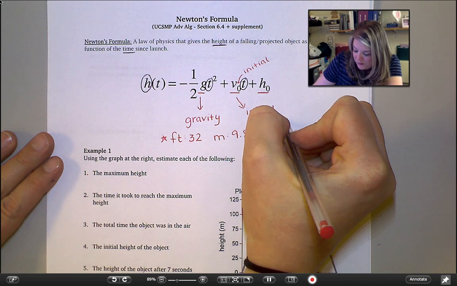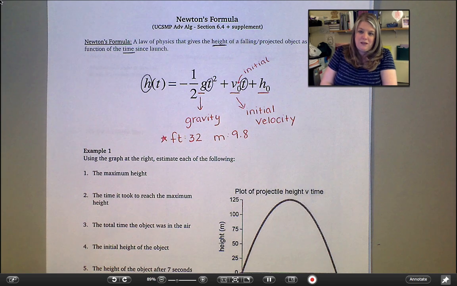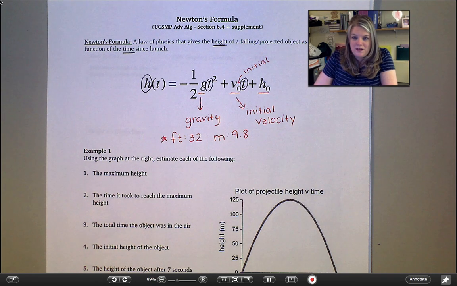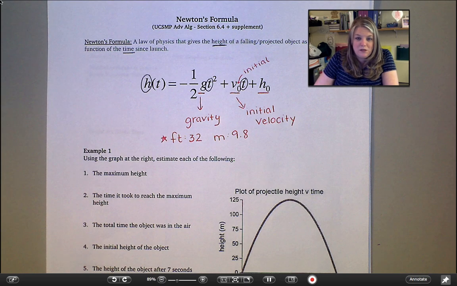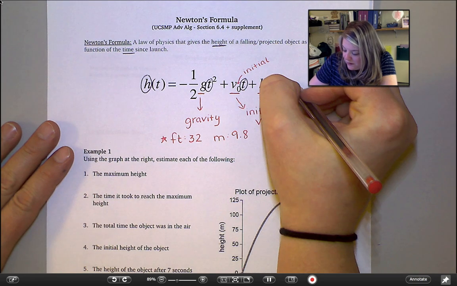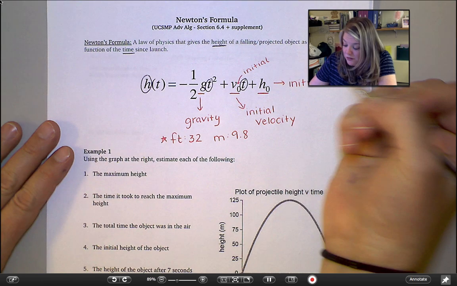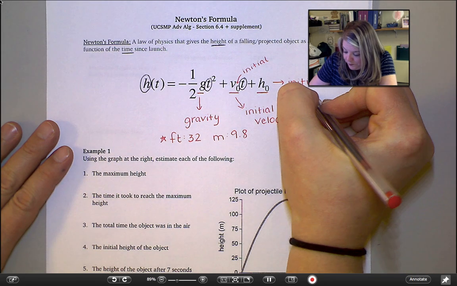There are some differences. The big difference is velocity can have a direction, speed cannot. We'll get far more into that when you take physics, but for right now, just know that you're looking for velocity or speed to go right there. And then H sub 0 is initial height. So are you starting from a height of 20 meters up in the air, something like that?